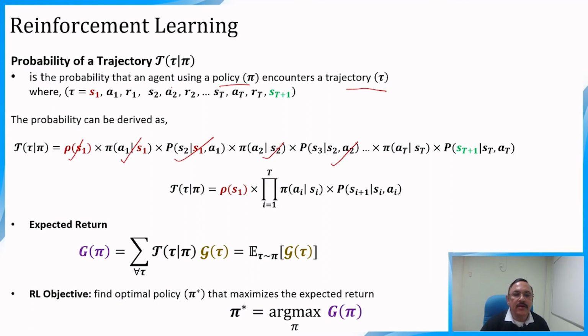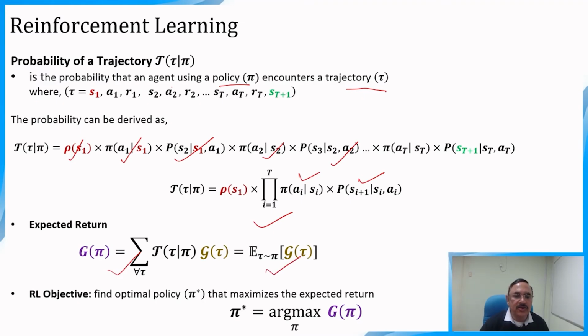So, it will be the total multiplication or a product of this particular policy and the probability. And the expected return, if you measure that over the probability of a trajectory, comes out to be an expectation.